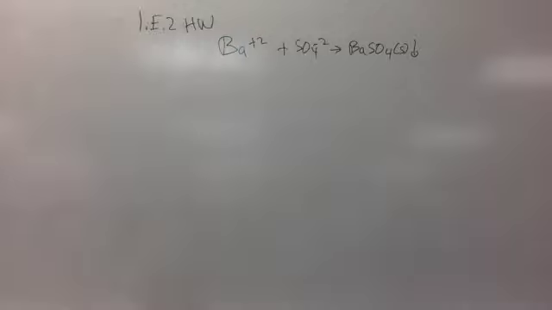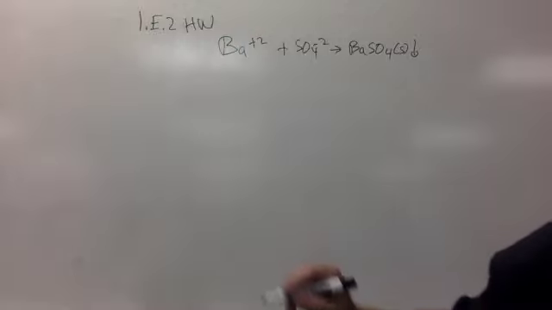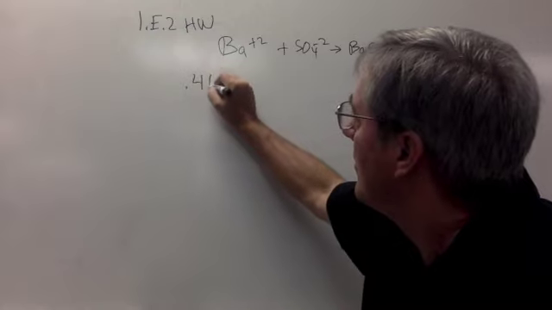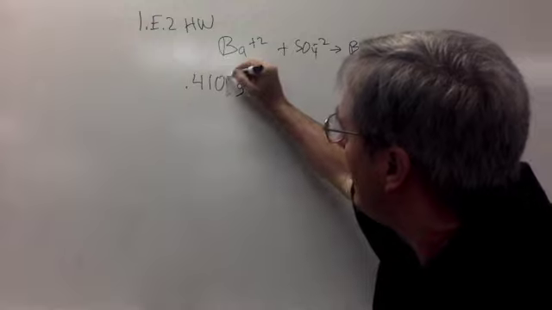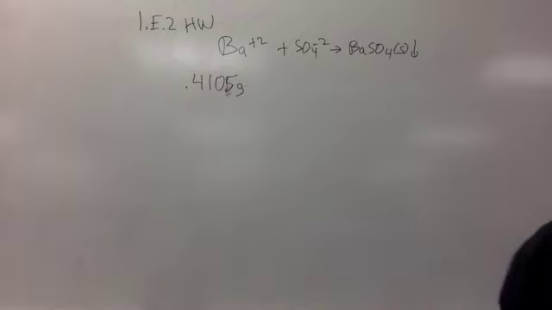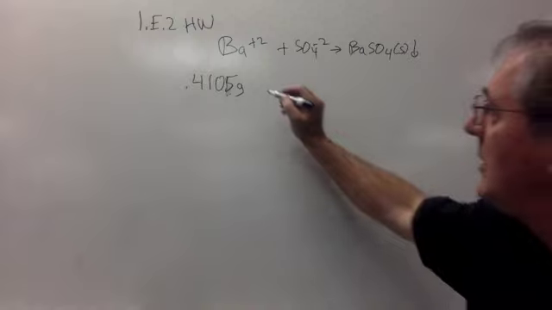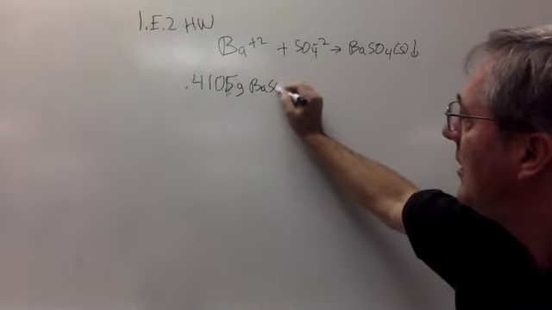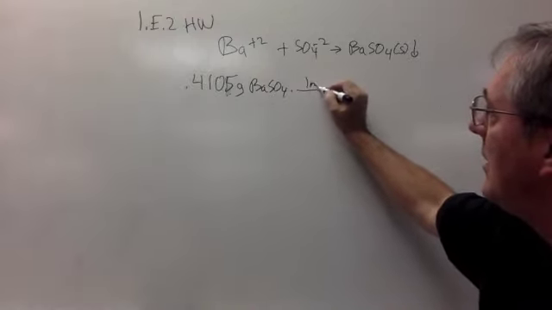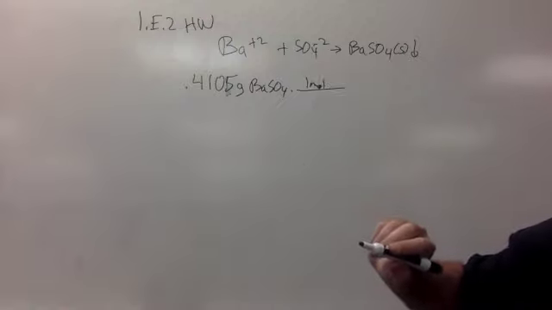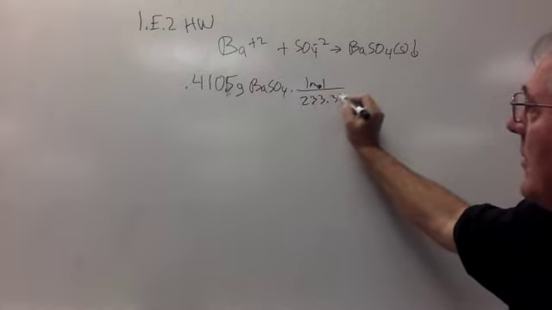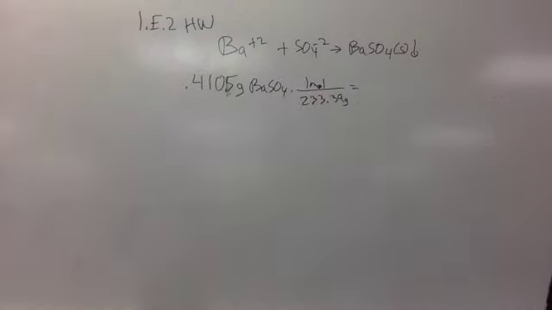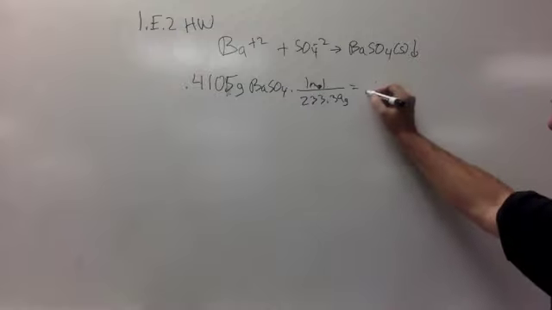Now we know the mass of the precipitate, which we need to change to moles. 0.4105 grams times 1 mole over 233.39 grams. That's going to equal 0.001759 moles.